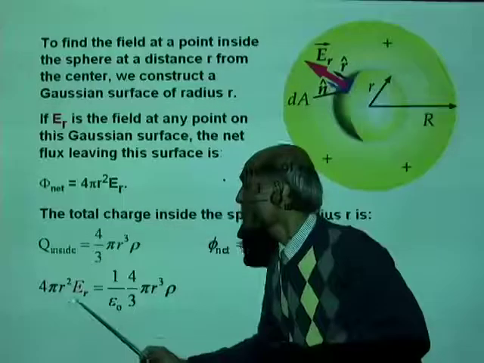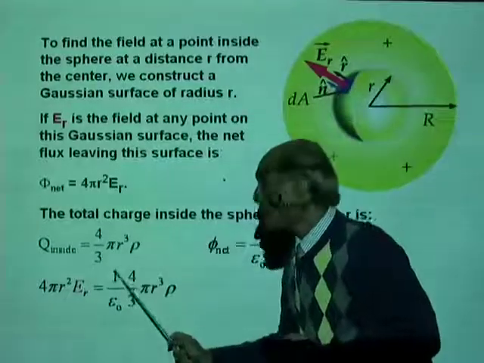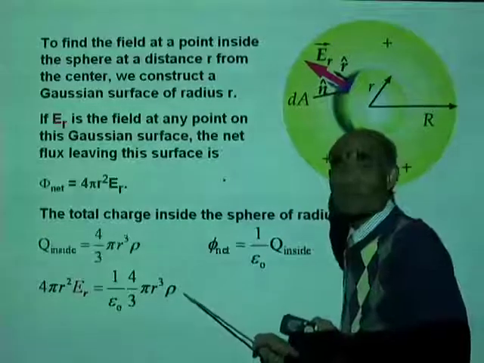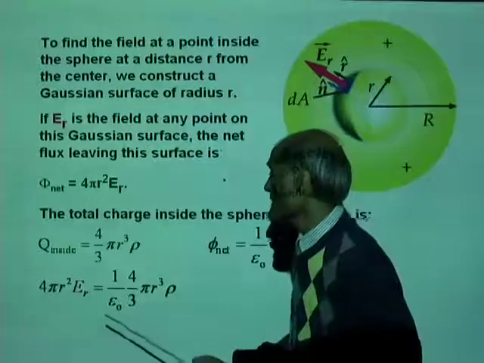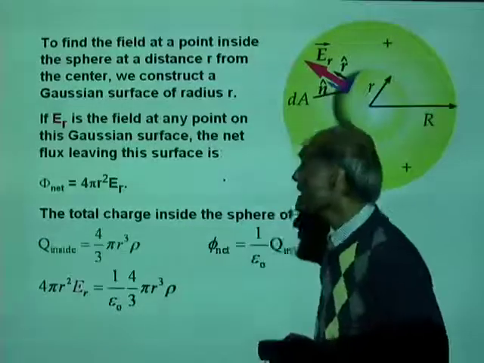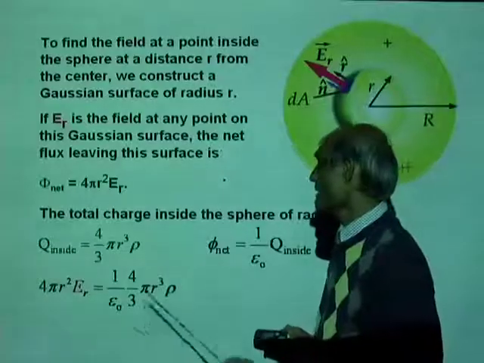The net flux equals 1 over epsilon naught times Q inside. And now, let's simplify that. Well, we can solve for ER from there.